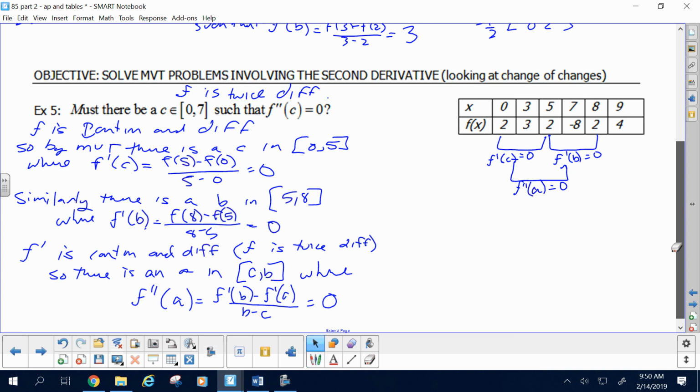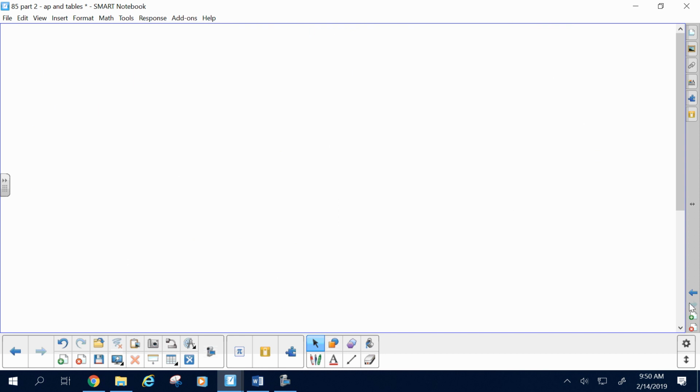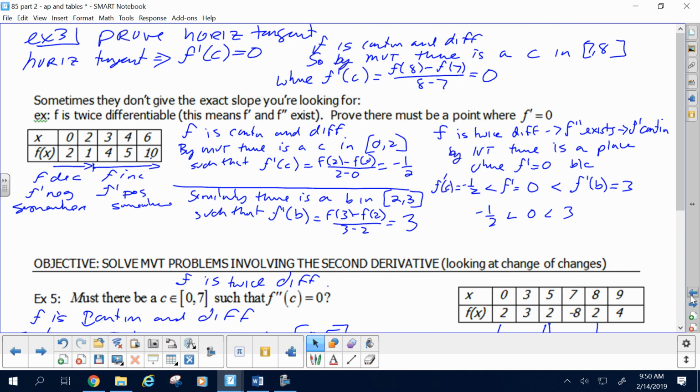Are you with me? That's pretty rare. That's maybe been twice in the last 15 years that they went double level of MVT. That's pretty rare. Okay, let's go to the front side now.